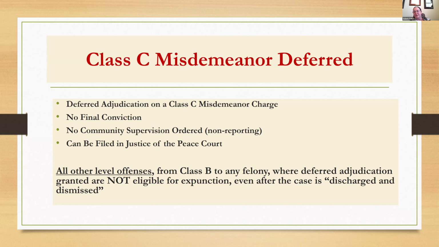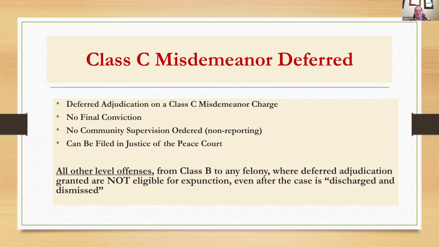If you get 6 months deferred non-reporting probation on a speeding ticket, you're eligible to get it expunged, removed completely from your record after 180 days, as long as it's not a conviction, as long as they don't revoke you and it turns into a conviction. It does need to be non-reporting probation, and you typically file it in the court where it came from, which is the Justice of the Peace.